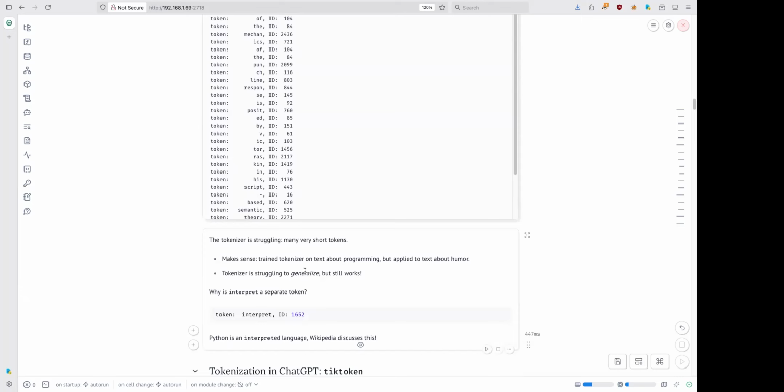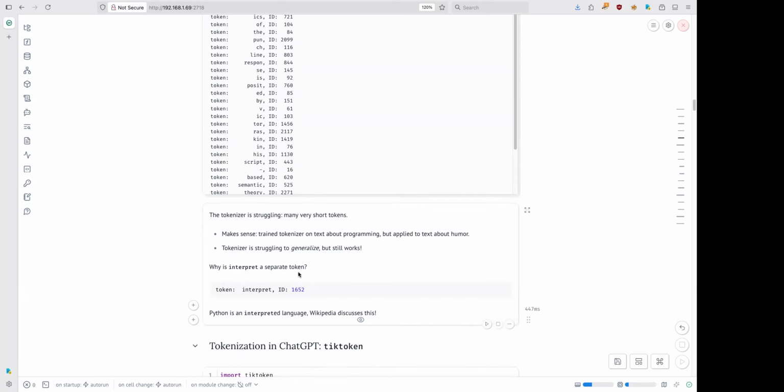The tokenizer has never seen this text. It only ever knew about Python. It knows about Python, nothing else. But somehow it's able to tokenize the text about humor. This is great. This means that we can apply this tokenizer to process basically anything that contains English language, the Latin alphabet.